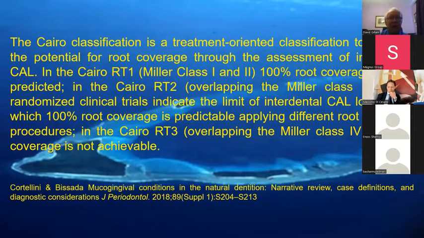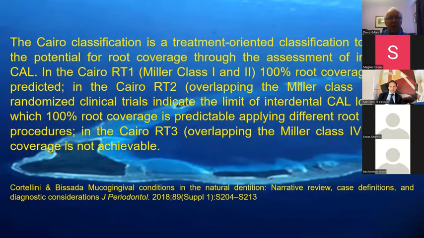And again, if we compare, Cairo RT1 covers the old Miller class 1 and 2, where 100% coverage can be predicted. In Cairo RT2, overlapping the Miller class 3, there's a limit of the interdental CAL loss within which 100% root coverage is predictable, however applying different root coverage procedures.